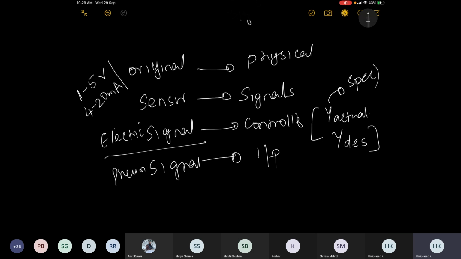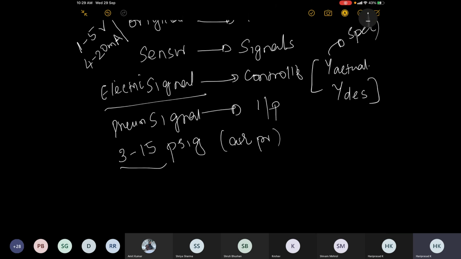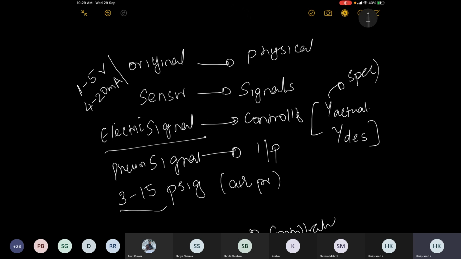This I2P converts them into 3 to 15 psig, because it is air pressure. This is the industry standard. So you see here it is 3 to 15, and this is operating your control valve, to control your original variable.